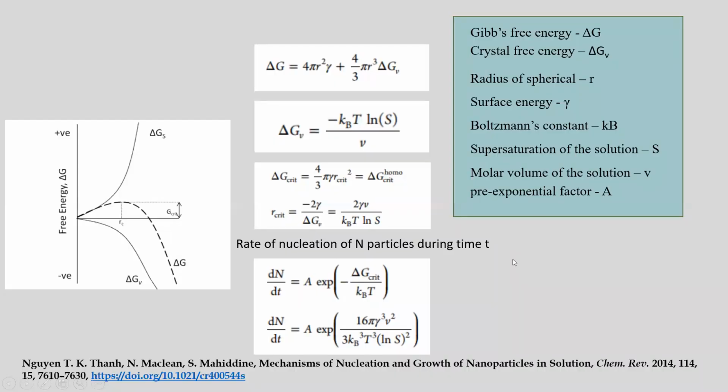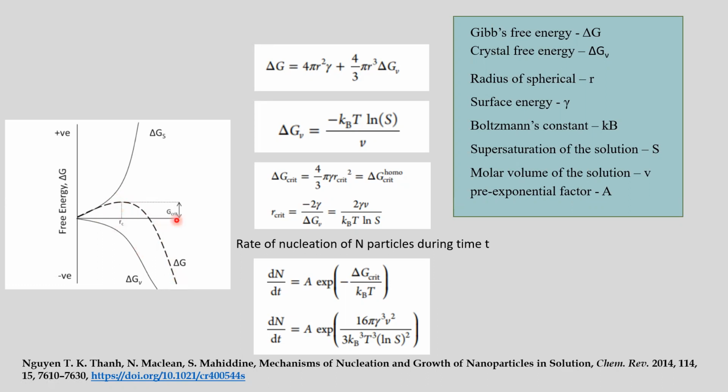These are the basic equations that we need to express this graph. This is the Gibbs free energy diagram with the critical radius. The Gibbs free energy is increasing for all the molecules, but only for the molecules which attain R equal to R star, at that value, the free energy starts to decrease.